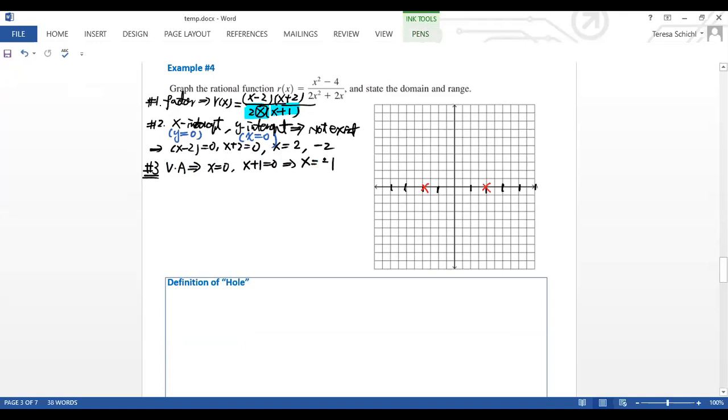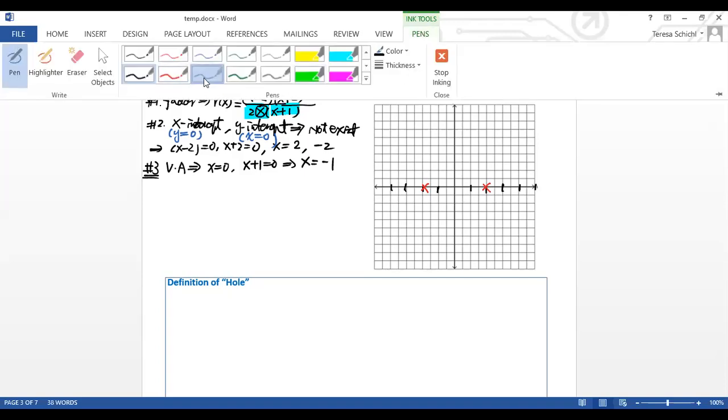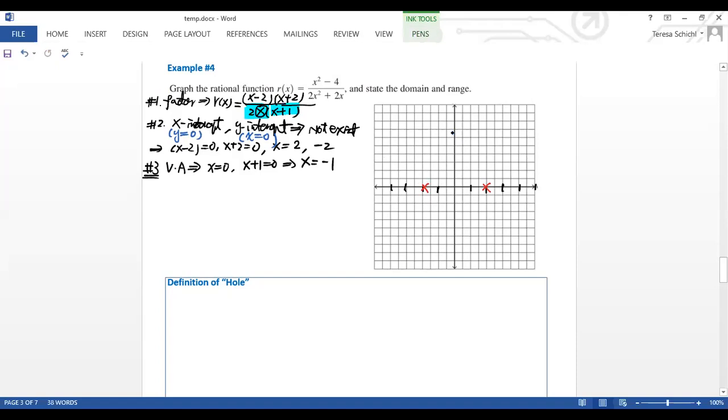Let's mark them. x equals 0 is the y-axis, and it is a vertical asymptote, and x equals negative 1 is also a vertical asymptote. That means when I graph it, it's going to behave like this.